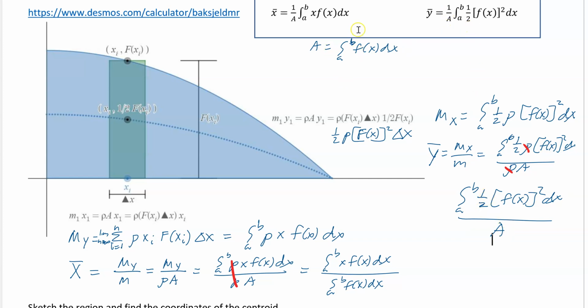And our A, again, is the integral from a to b of f of x dx. So these are the formulas we're going to be using. That's going to give us the x coordinate for our centroid, and that's going to give us the y.